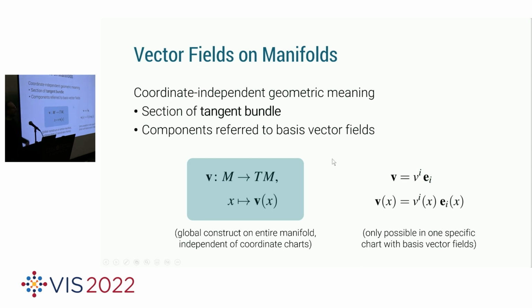If the sphere is two-dimensional, the vectors are also two-dimensional, so in the end this tangent bundle that puts both together is four-dimensional, 2 plus 2. And then you say a vector field is just a function that takes any point on the manifold M to this higher dimensional manifold TM, that's the tangent bundle, that includes now all the tangent spaces.